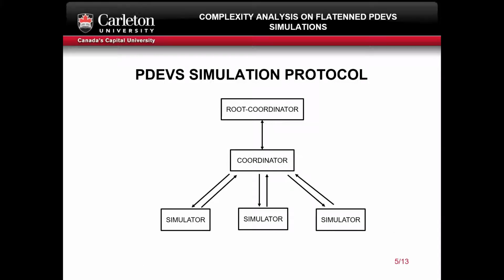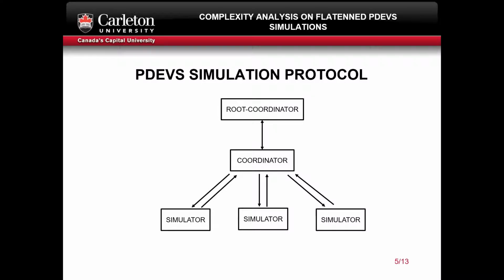Once we have clear what structure we will use to execute our simulations, in this case the flattened structure I showed you in the previous slide, we have to actually execute the simulations. How do we do this? By using a very well-known protocol, which is called the PDEVS simulation protocol. The PDEVS simulation protocol is defined in terms of each one of the components that participate in the simulation and how they react to messages and exchange messages between them in a specific order.